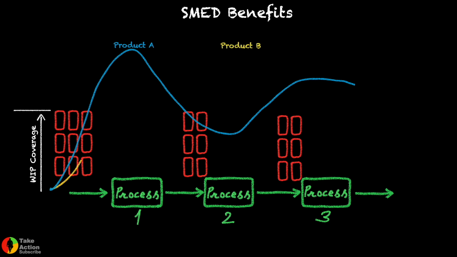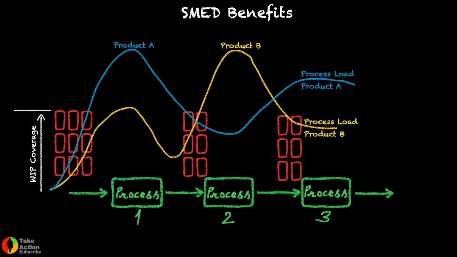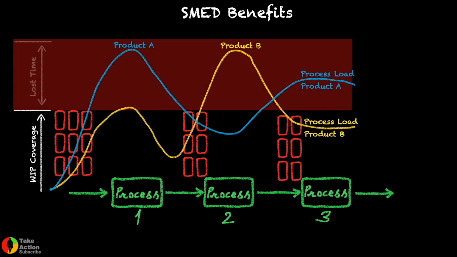So if we have larger lot sizes in the production, process number 1, for example, might be a bottleneck for a longer period of time, and the supplier process or the customer process of this process might run out of buffer, might run out of parts to produce. And that lost time can never be recovered.